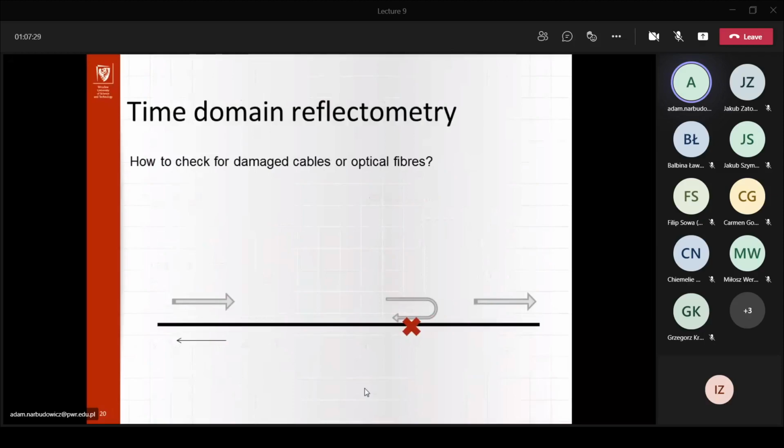Okay, and imagine you have 100 kilometers of cable that goes from A to B, and suddenly you realize that the cable is broken somewhere, right? So you know it's broken because the information doesn't go from A to B, and you have been tasked with fixing that cable or making it work.